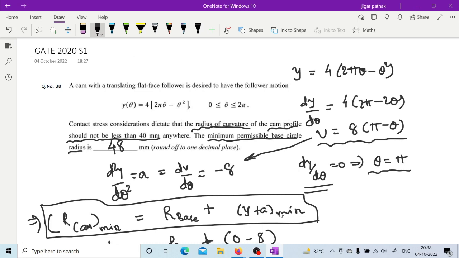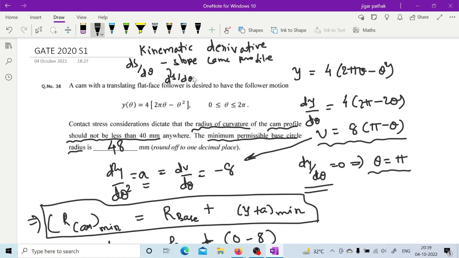Here a is not simply the acceleration, because in our kinematic derivatives, if you remember, the first derivative ds by d theta was representing the slope of the cam profile, while the second derivative d square s upon d theta square was simply giving the radius of curvature of the cam profile.